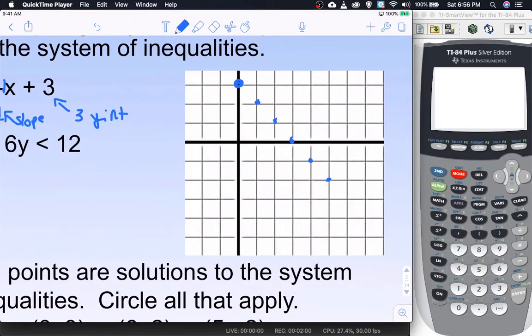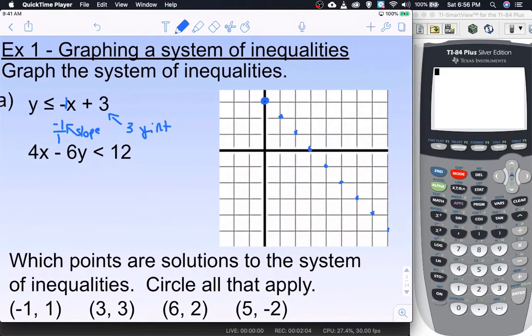Please do not draw a line through this. Just draw the dots, because there's something we have to talk about. If you remember, when we were talking about inequalities, the greater than and the less than, when you graph them, have a hollow dot, a not filled in dot, meaning that those points are not solutions.